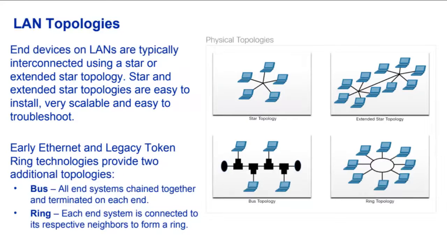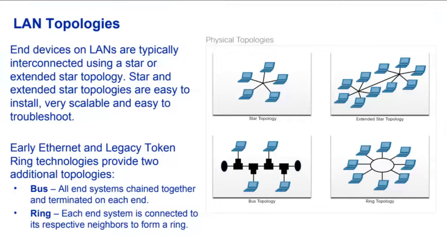LAN topologies. This is a physical topology of LAN. It's called star. You have a central point here, a device, and they are connected to that device. Here we have extended star. I have a central device, and they are connected with a backbone cable.